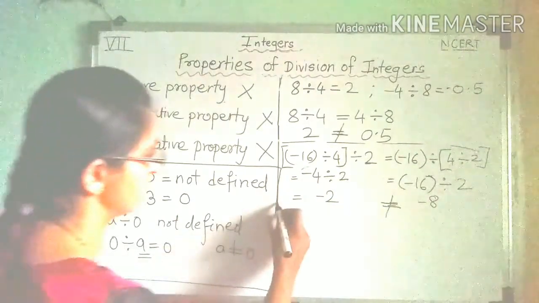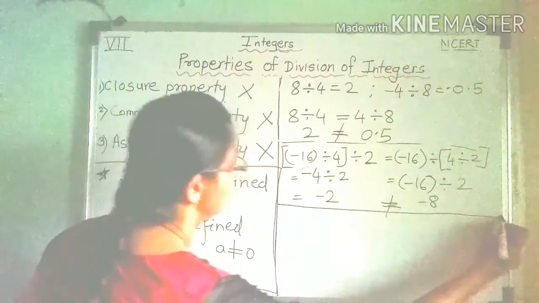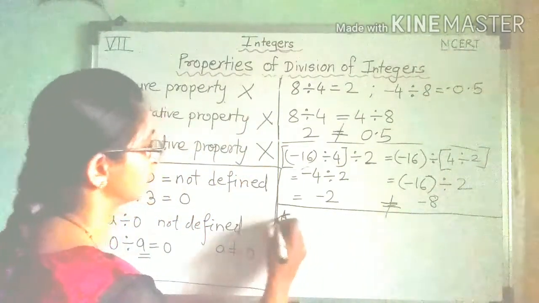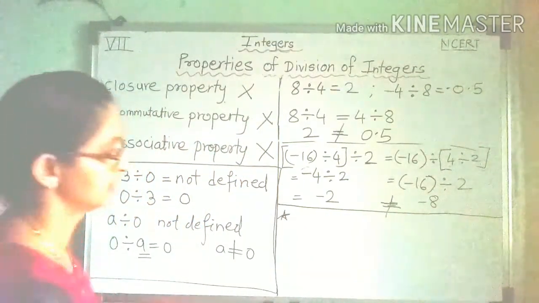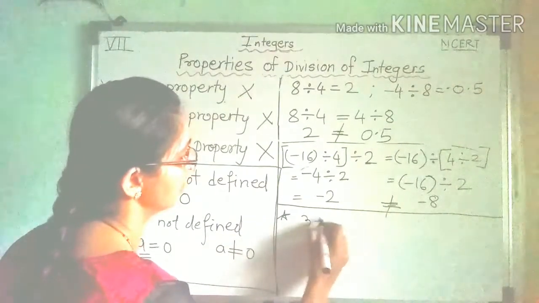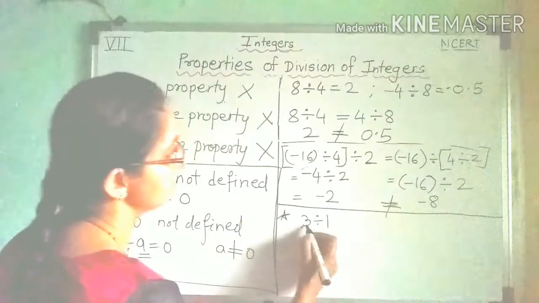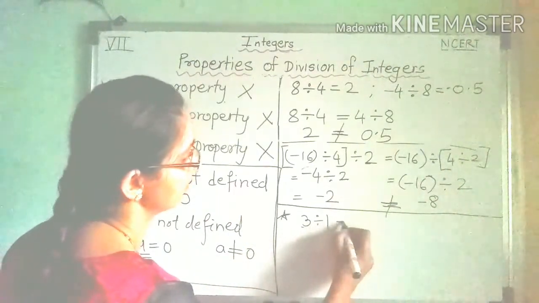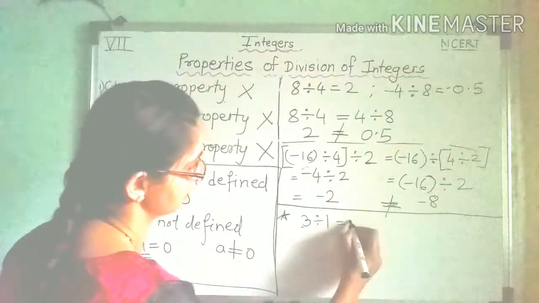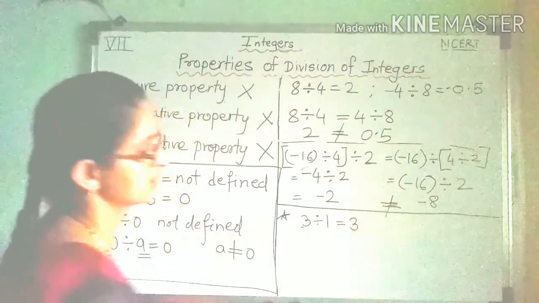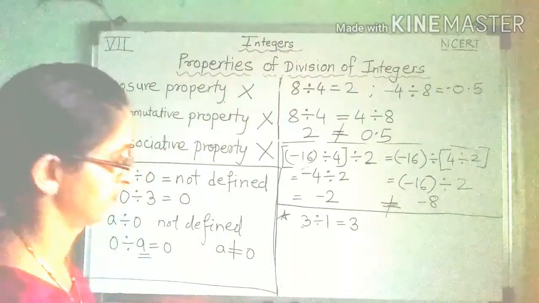So this is the property of division. Now the next property is, when we divide any integer by 1, the result or the quotient is the number itself, that is the same integer.